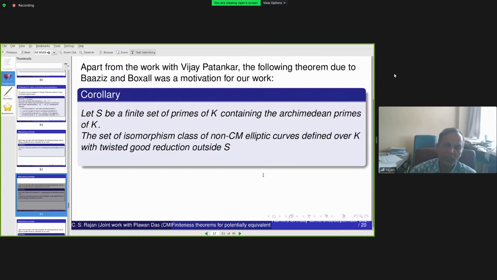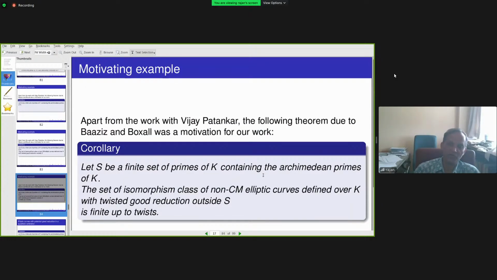The twist of course depends on the place outside S. The proof used the method of Shafarevich, with transcendental number theory, Siegel's work on finiteness of integral solutions to the discriminant kind of equation, which is a cubic.